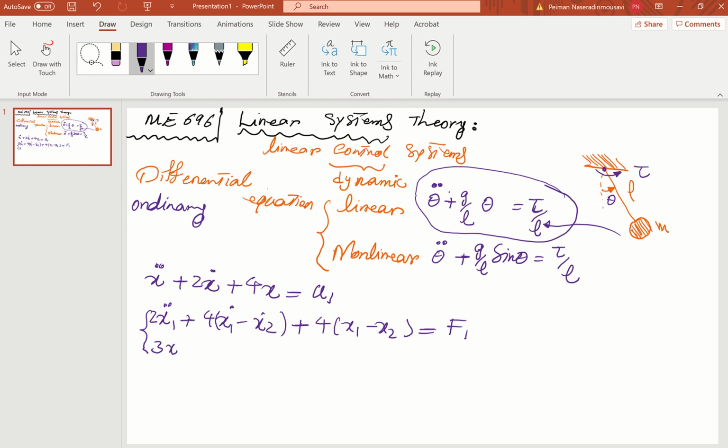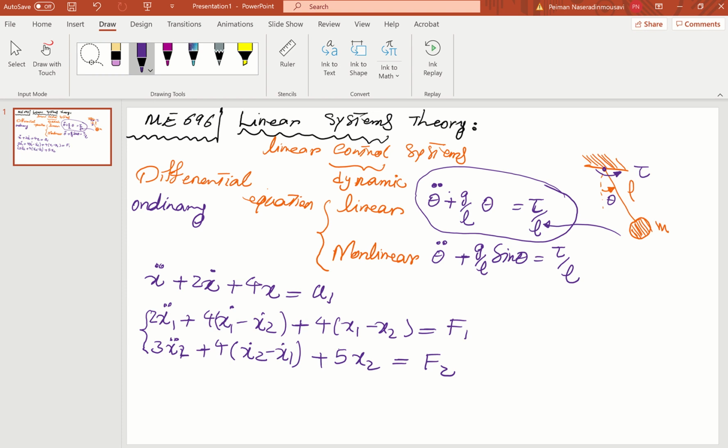Or x2 double dot plus 3 times x2 dot minus x1 dot, let me make this 4, plus, I don't know, 5x2 is equal to f2.